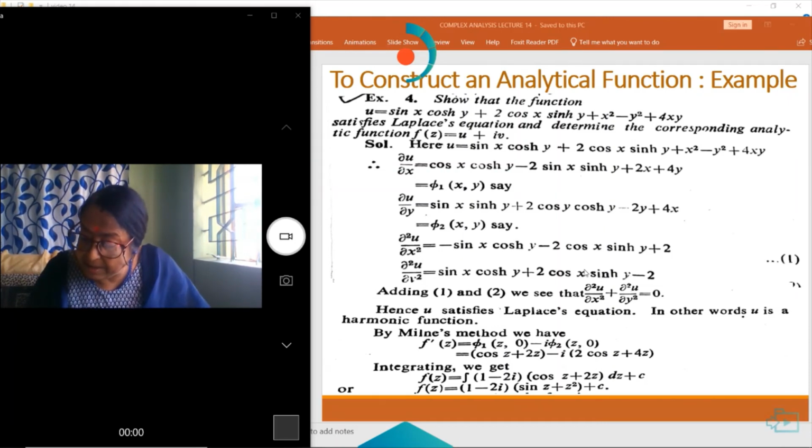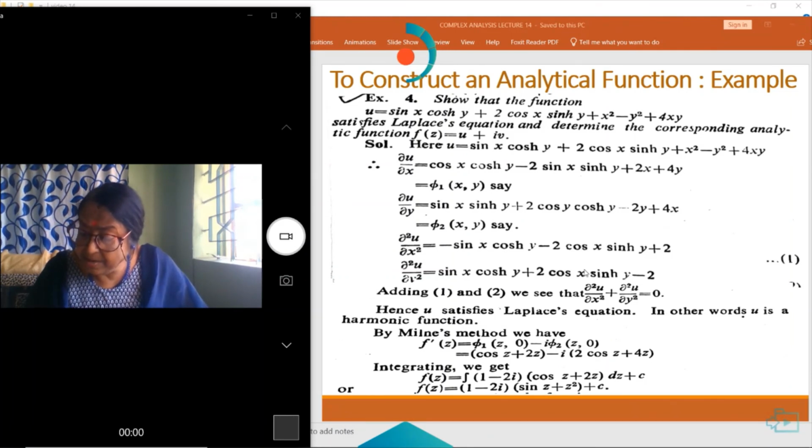By Milne-Thomson's method, we can write f'(z) = phi 1(z, 0) - i phi 2(z, 0), which after calculation gives f(z) = ∫ ((1 - 2i) cos z + 2z) dz + c.